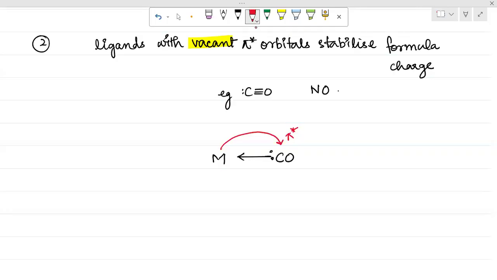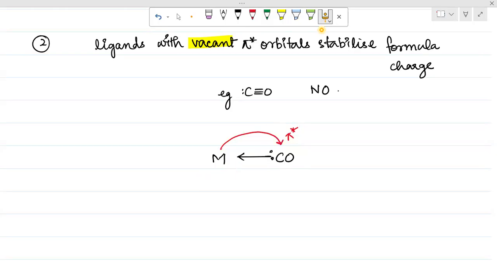I hope you're getting the point. So when you have ligands with a vacant pi star orbital, after the donation of a lone pair of electrons to the metal, there is a back donation of electrons from the metal to the vacant pi star. As a result, accumulation of charges won't be there at the metal, correct? And this would stabilize the formal charge.